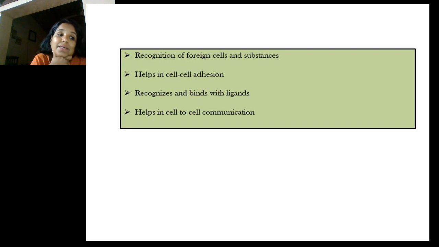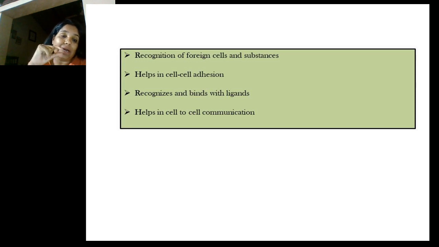Insulin is a hormone that is secreted by the beta cells of pancreas, and the function of insulin in the body is to lower the blood sugar level. What it actually does is it makes the hepatocytes or liver cells take in the glucose and convert it into glycogen. So that is what insulin does in our body.